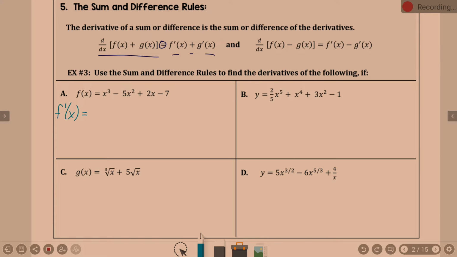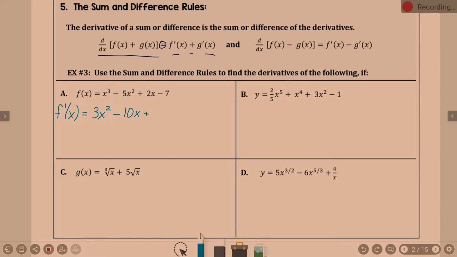You move the 3 out front, subtract 1 from the power, thus 3x squared. Minus derivative of 5x squared: 10x. I'm just going to write 10x because we moved the 2 out front, and then 2 minus 1 is 1. Plus derivative of 2x: 2.